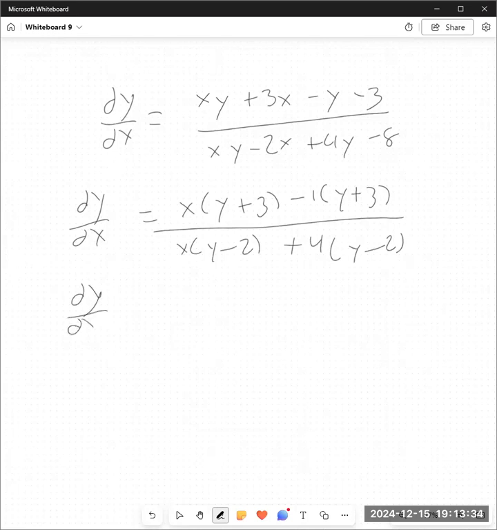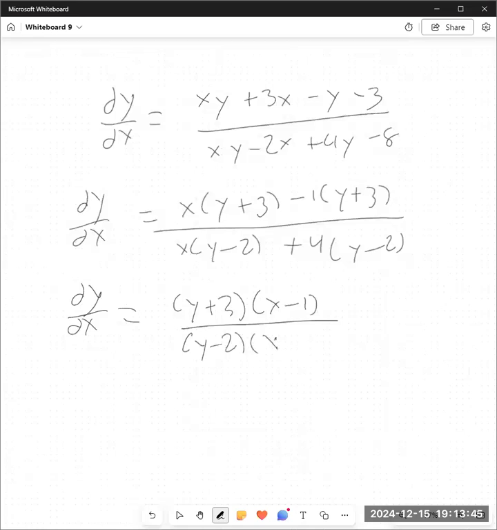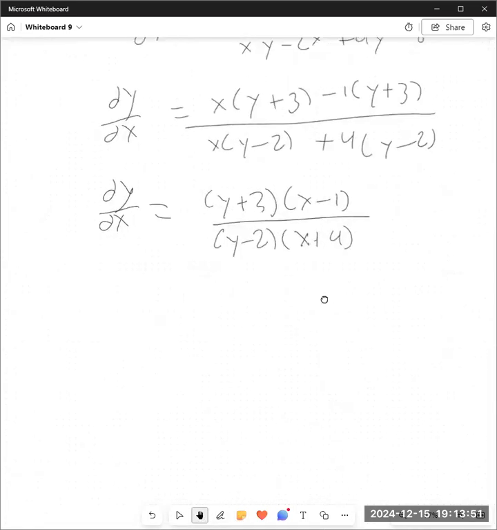Dy dx is going to be y plus 3 times x minus 1 over y minus 2 times x plus 4. If anything canceled here, that would be awesome, but that didn't happen.